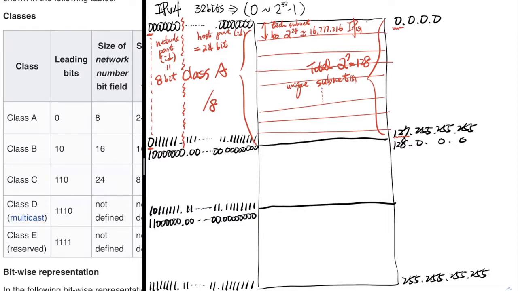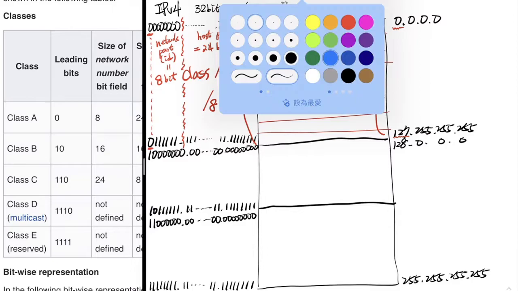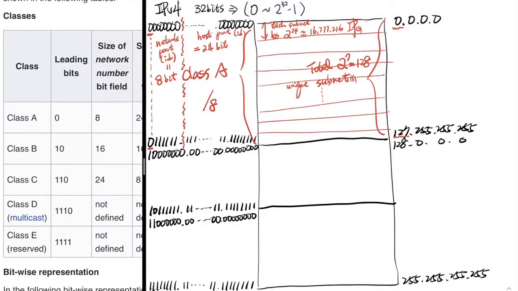Because we divided the bottom half into two parts again, we can see that the leading bits in this part are all 1, 0. So we call this class B, and they start from this address to this address.